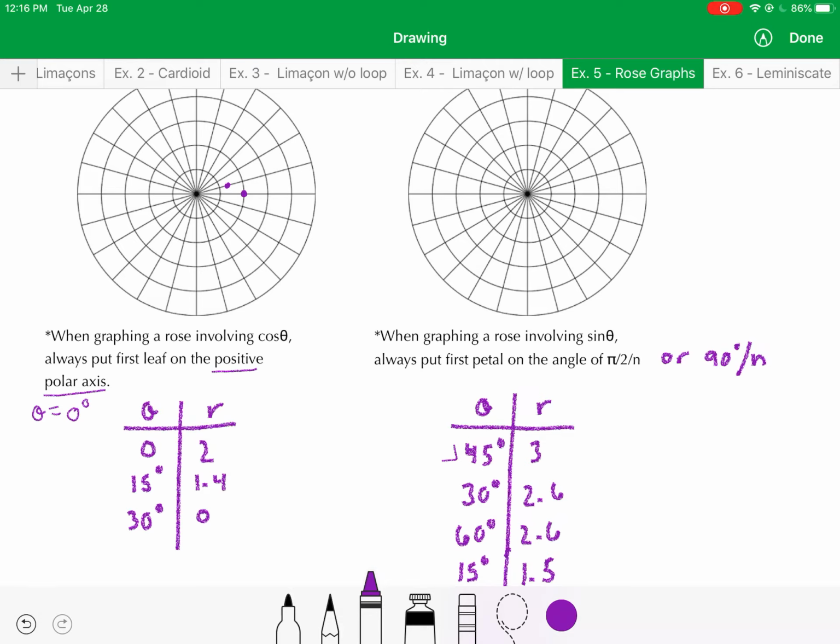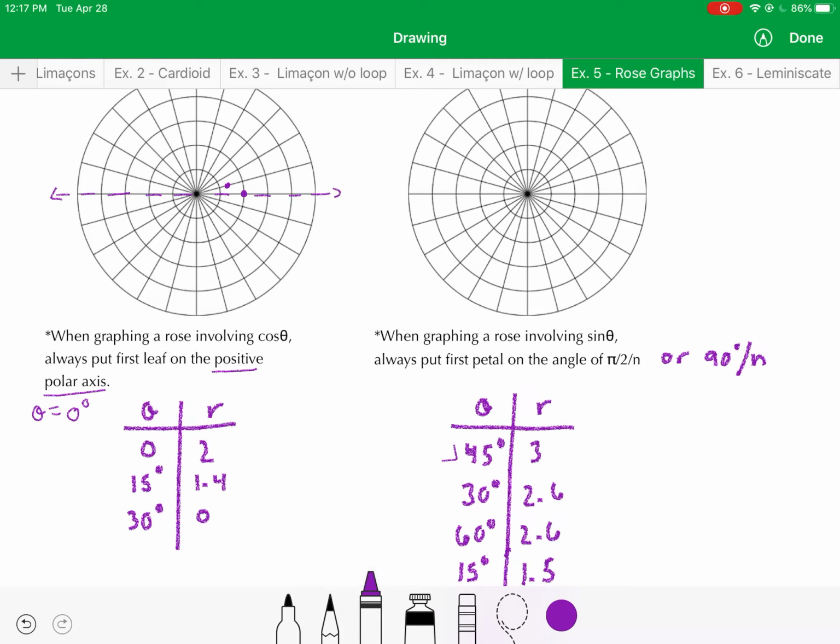And the other thing I should mention is our symmetry rules that we learned the last couple days, they still apply. So if this is a cosine equation, then I'm going to have symmetry in this graph with the polar axis.